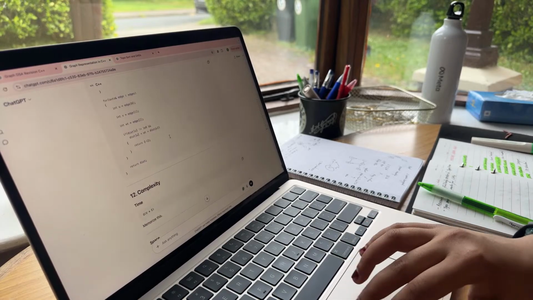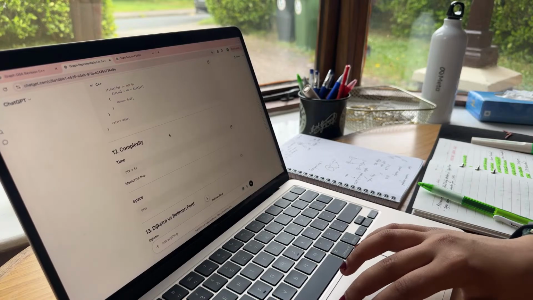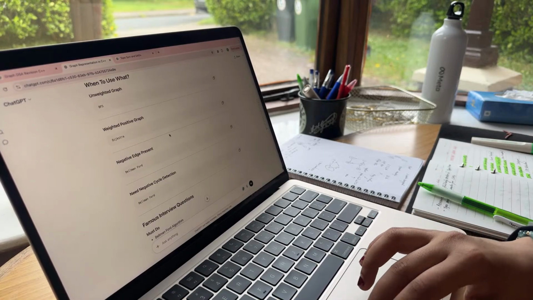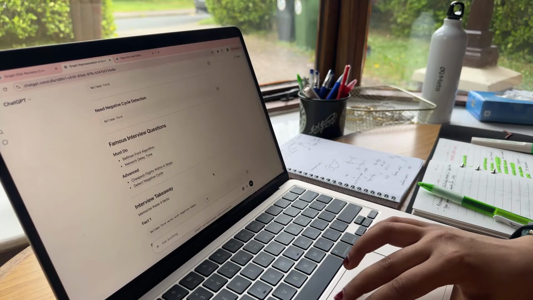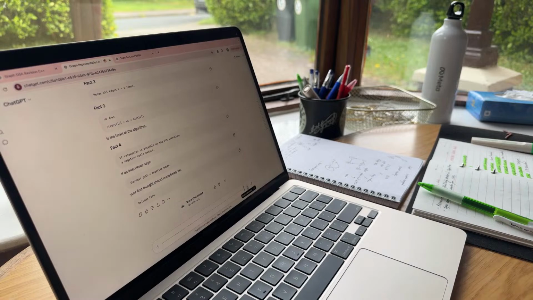V times E is the time complexity, and O of V is the space. So Bellman-Ford is not giving the shortest path when there is a negative cycle.